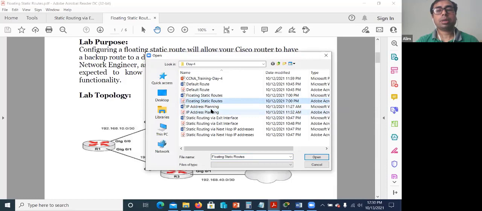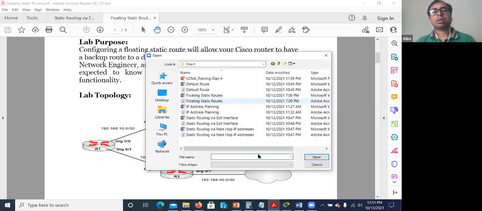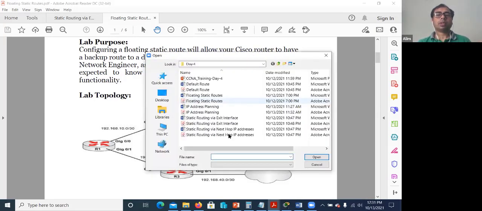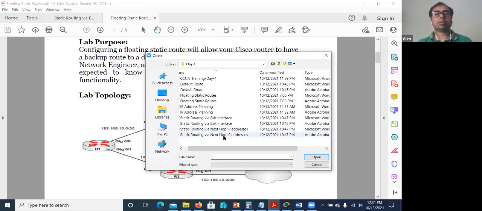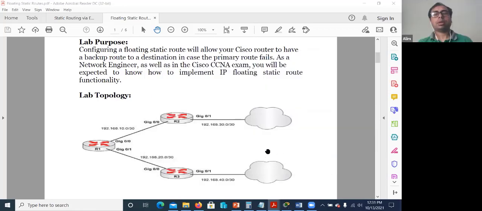Did I share the floating IP or this? Let's share again. Default route, floating route is shared. Static with the next hop. I will share this floating static route. Yeah, I already shared.